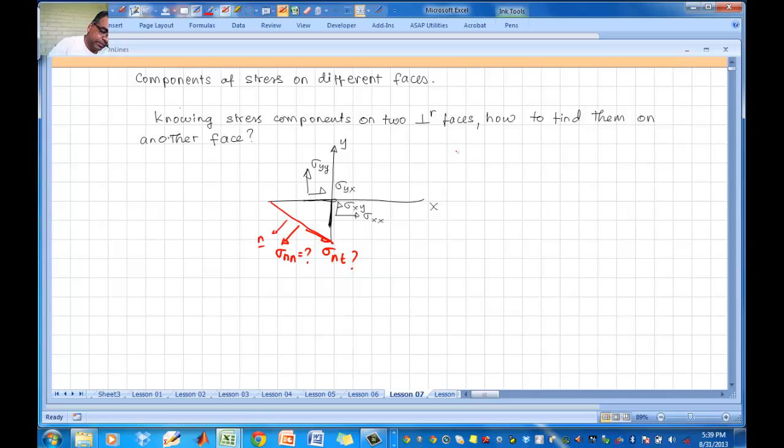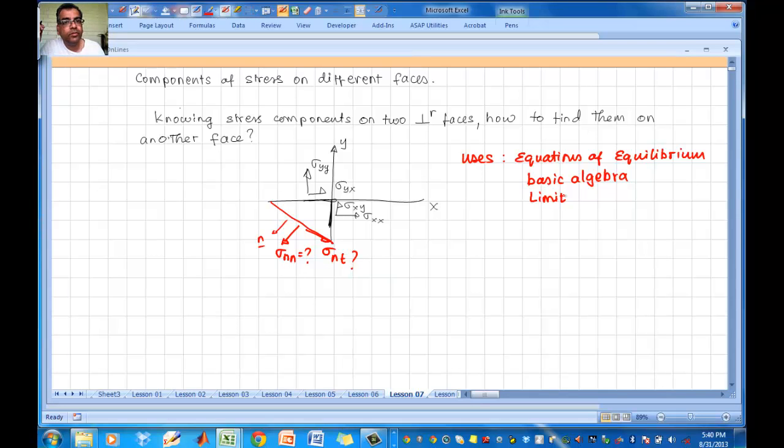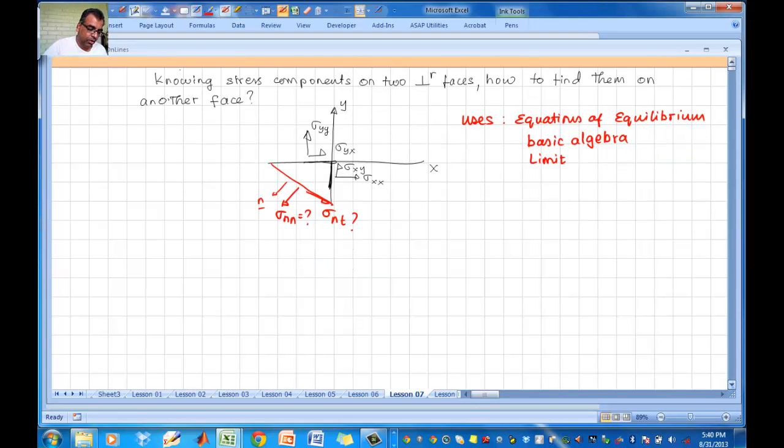It uses equations of equilibrium and basic algebra and some version of limits. We are not going to be very careful about our proof because luckily the proof works and we know the answer, so we can do a slight shortcut in the sense that we won't do the proof very carefully, but our ideas will be all okay.